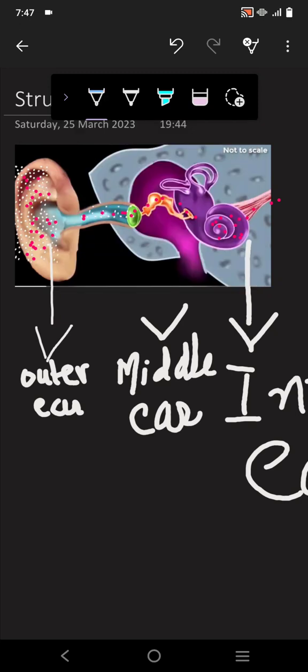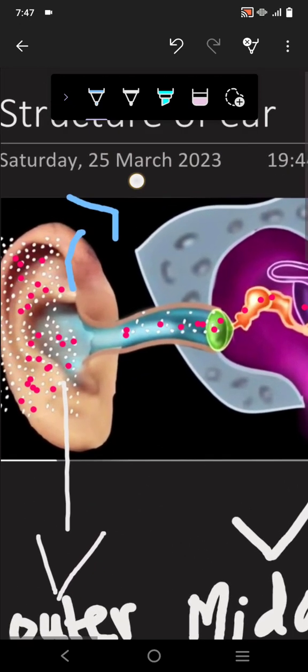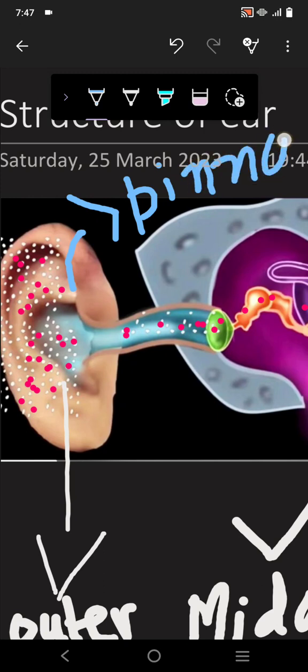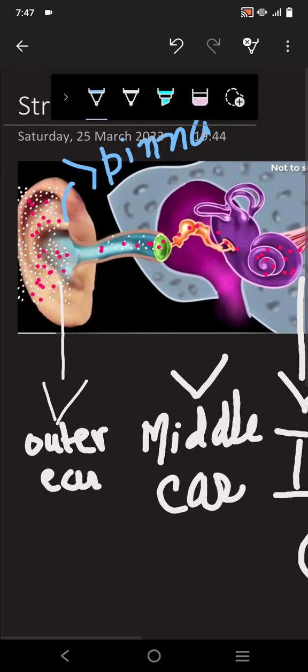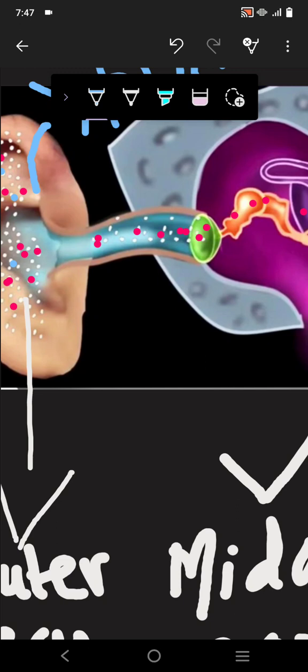This outer part is known as the ear pinna. What's the function of it? It collects all the air waves, then sends them into this canal, and this canal is known as the auditory canal.